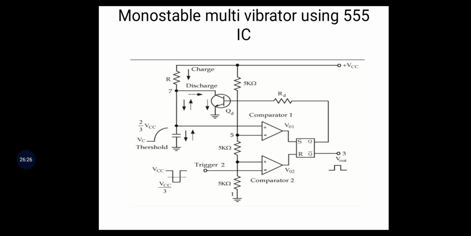If you want to change the stable state, then we apply the triggering pulse. Then it changes from the stable state to the quasi-stable state. That's why it is called monostable multivibrator.